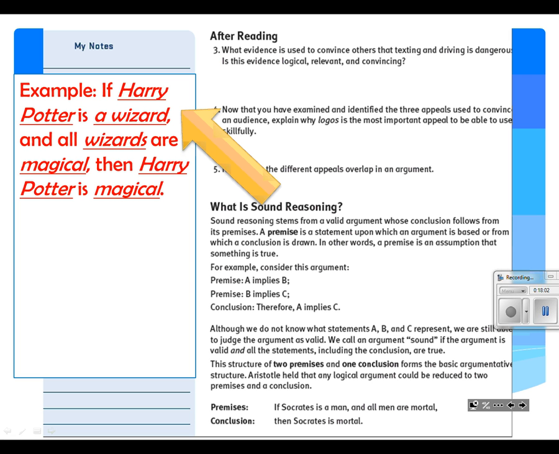So Harry Potter being a wizard? Yes, true, logical. Wizards magical? Yes, true, logical. My conclusion? Harry Potter's magical. Good conclusion. We based it on some facts. You haven't pulled it out of thin air.